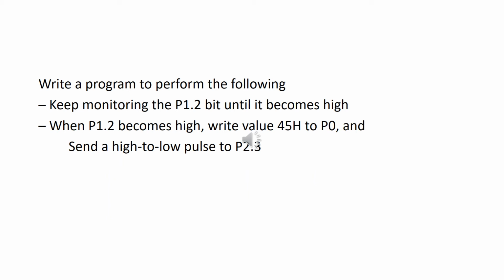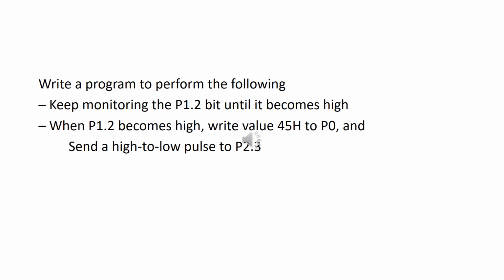Now let us consider an example of writing a program which keeps on monitoring the P1.2 bit until it becomes high. When it becomes high, write the value 45H into the P0 register and send a signal high to low to P2.3.